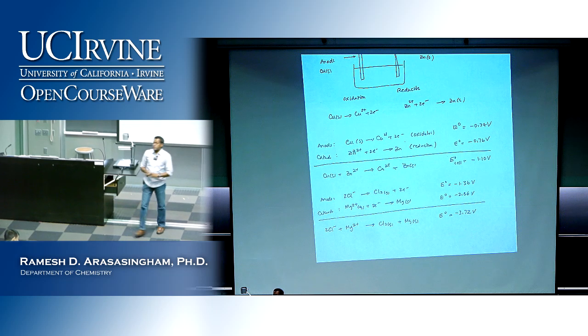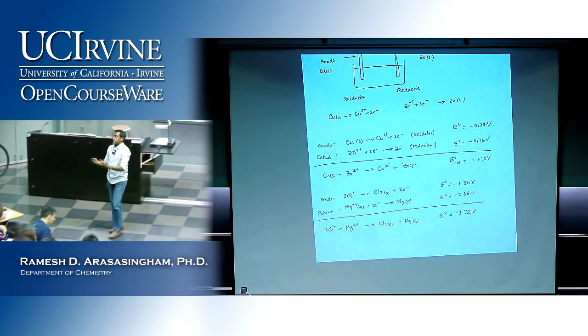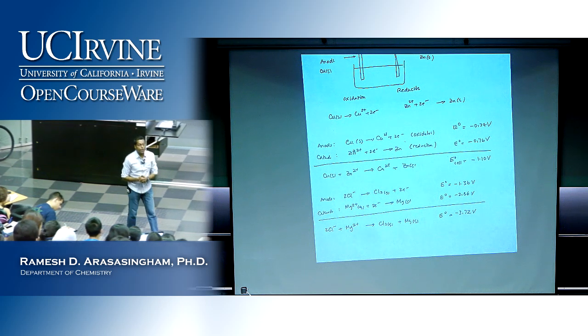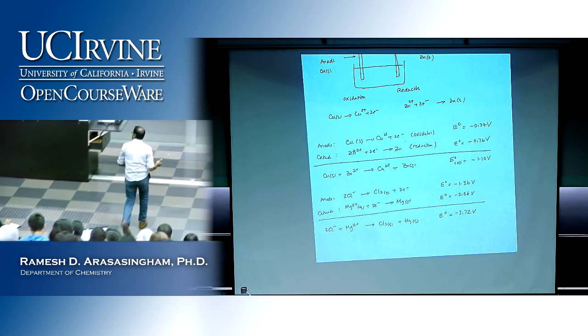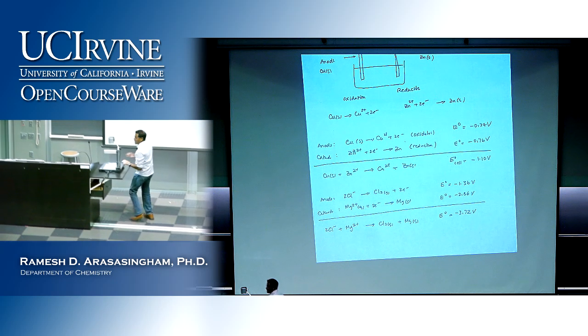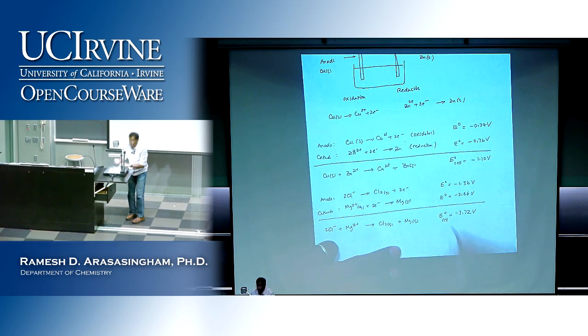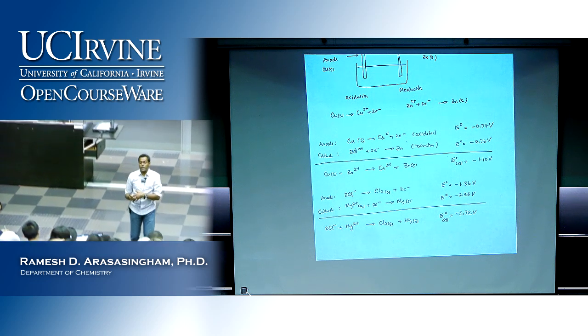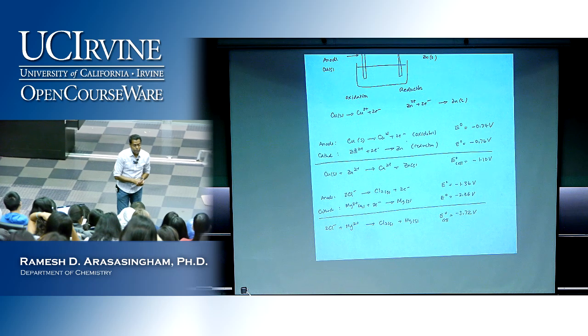Okay? So the same underlying principles that we've learned for galvanic cells apply here, but in each instance your overall cell potential will have a negative value because it is non-spontaneous, and so you now know the minimum amount of voltage that needs to be supplied to drive the reaction in the opposite direction.